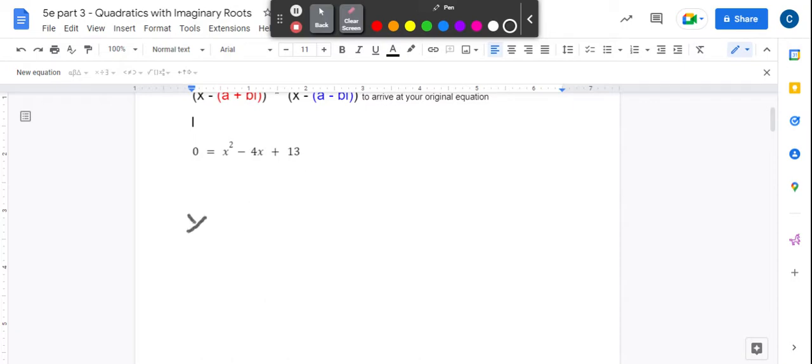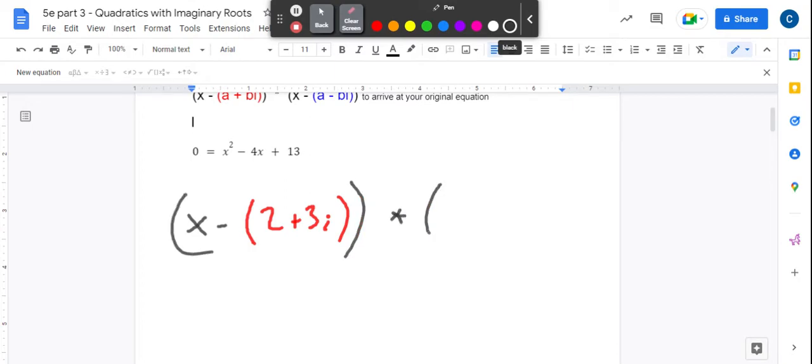So here we have x minus (2 plus 3i), and we're going to multiply that by x minus (2 minus 3i).